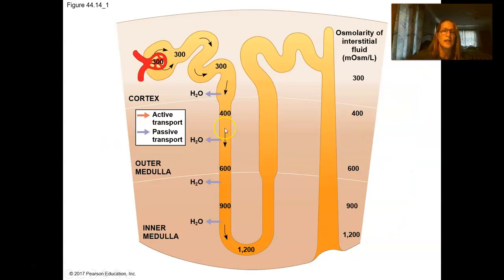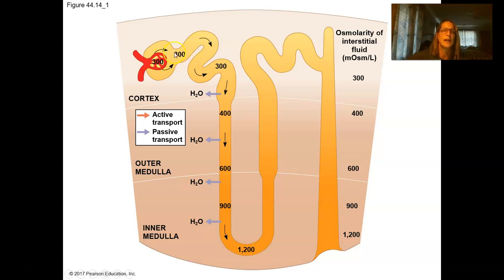So the interesting thing about the nephron and the way it's nestled within the renal pyramid is that there are different concentrations of solutes depending on where you are. The cortex has a lower concentration of solutes, about 300 milliosmoles, which is very similar to what is in the blood.